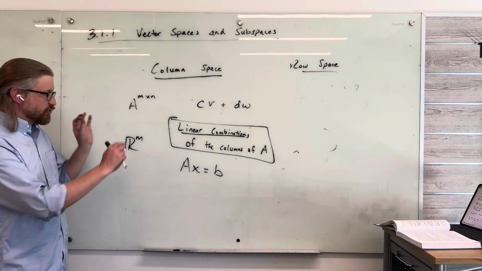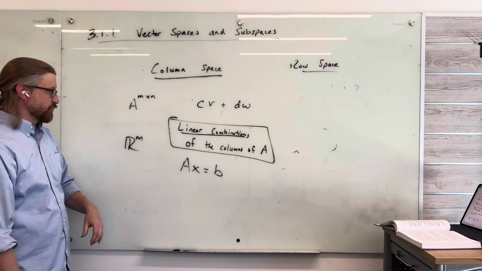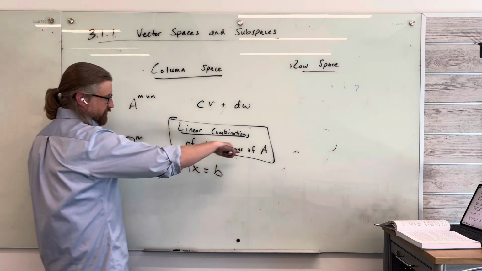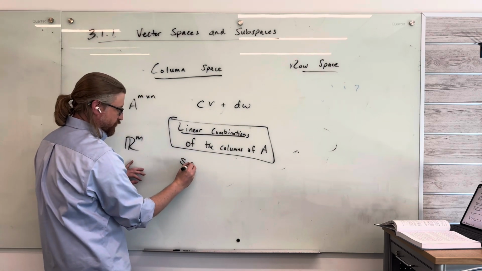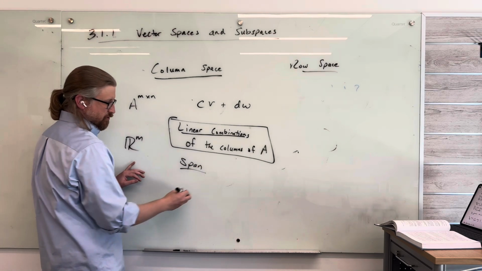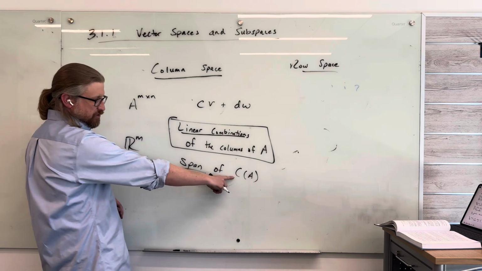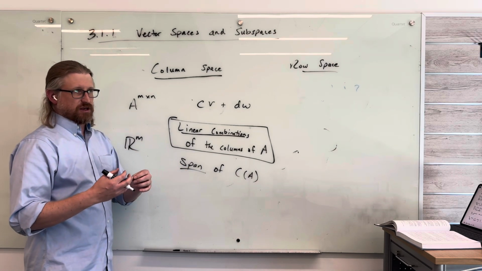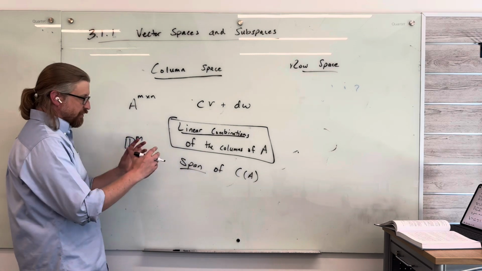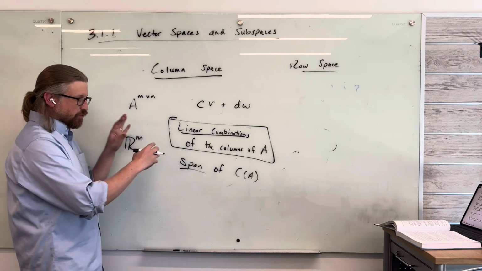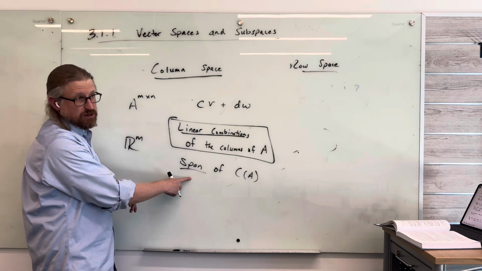And when we're doing this, and we'll highlight this a little bit more at the end of this video in particular, when I take all of these combinations, what these combinations are essentially giving me is what's referred to as the span of the column space of A. Because again, the column space contains every possible combination of the columns. And in linear algebra, what we say when we're talking about all of those different possibilities is we span that space.